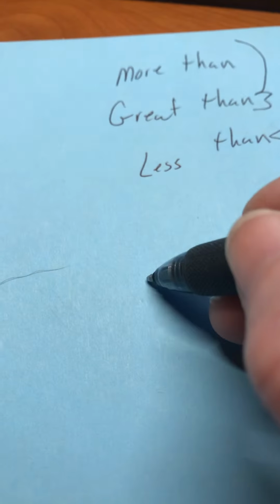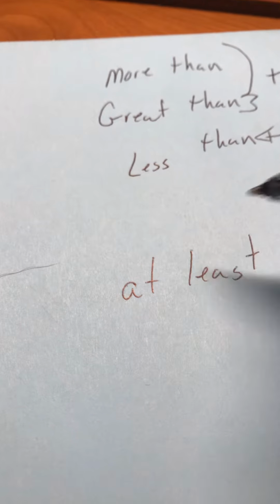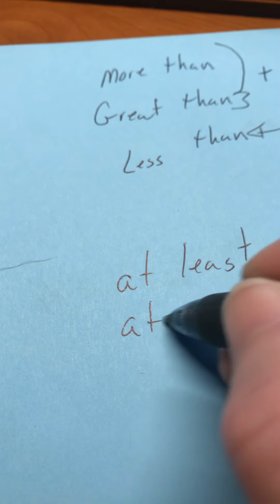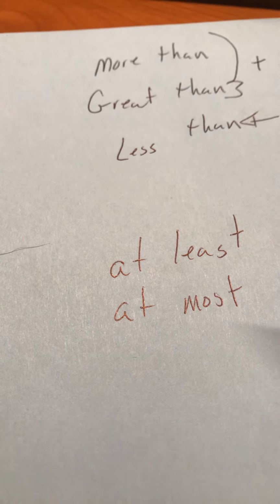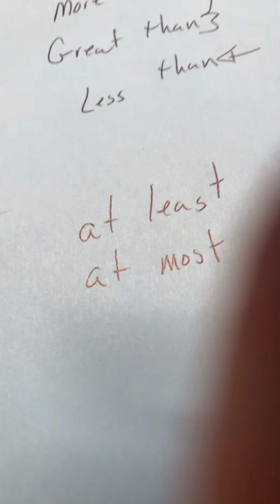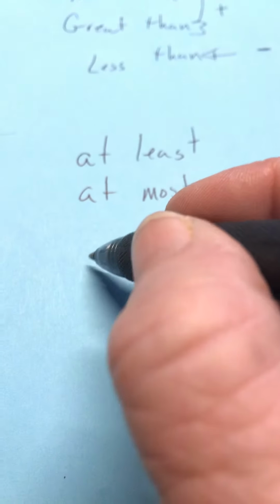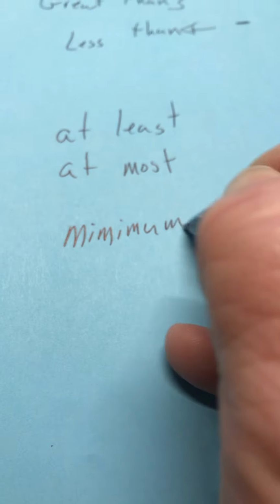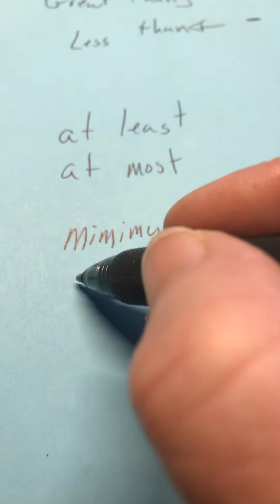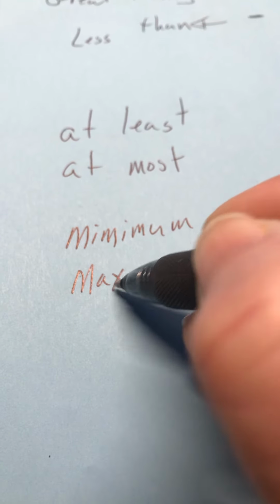Okay? If they're using words like at least or at most, what else? If they use, like, what is the minimum? I know I spelled that wrong, don't tell your mom. Or what is the maximum?